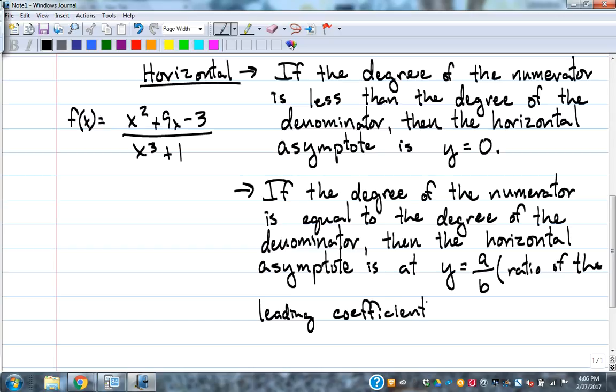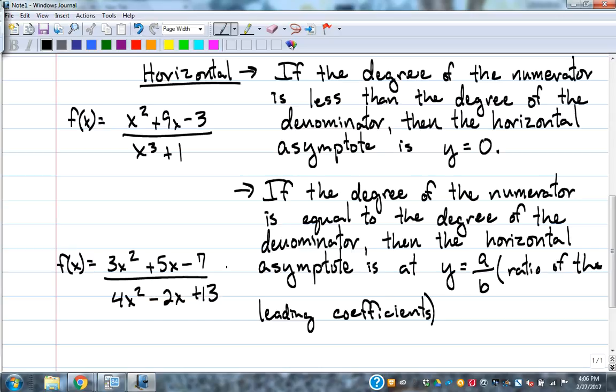I'll show you an example of that real quick. So f of x, 3x squared plus 5x minus 7 over 4x squared minus 2x plus 13. I picked those two because they don't simplify, they don't factor at all. It's not going to simplify.